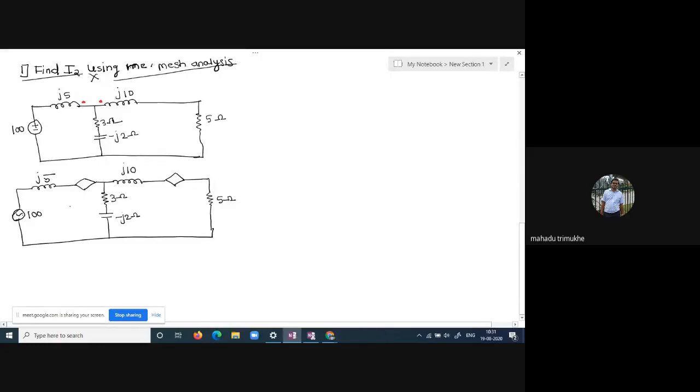The current flowing in the first loop is I1. The current flowing in the second loop is I2. Dot rule 2 means we consider minus plus here, and again minus plus.